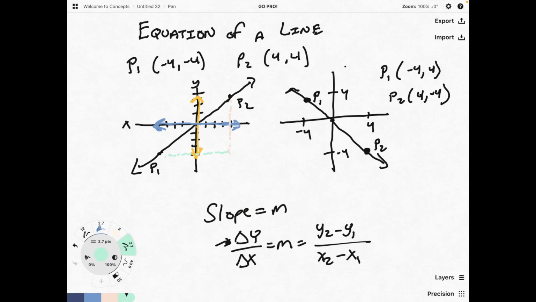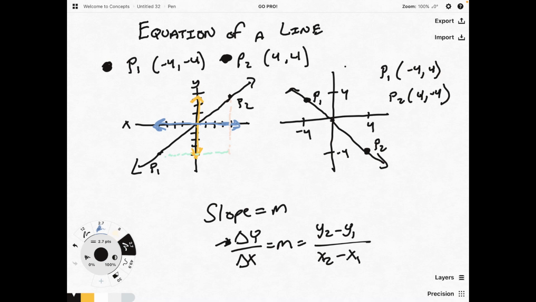Using the graph we have here, let's find the slope. If we are using P1 and P2, all we need to do is plug in the values because we have 2 points that lie on this line. We want to find the change in y, or the change in the y-axis, divided by the change in the x-axis.